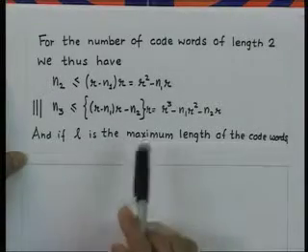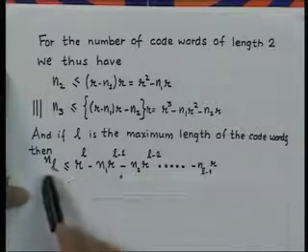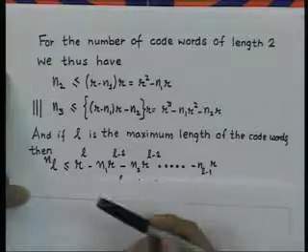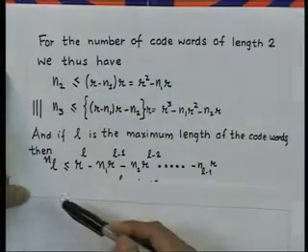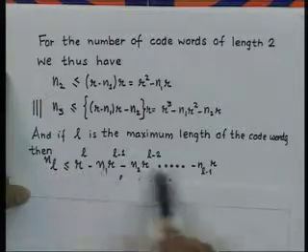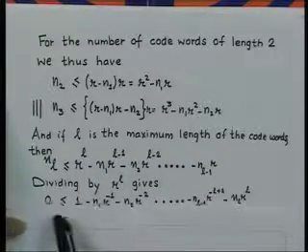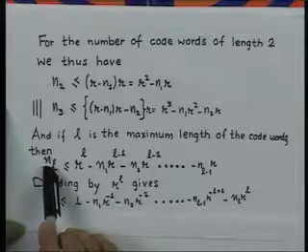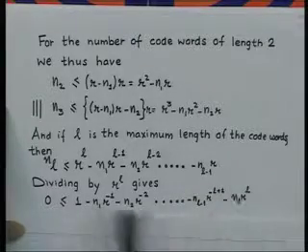Now if we assume that L is the maximum length of the code words, and nL is the number of code words which we have of this maximum length L, based on the derivation which we had done earlier, we can show that nL is less than this expression on the right hand side here. Now if you take this expression and divide by r^L, we get this quantity.